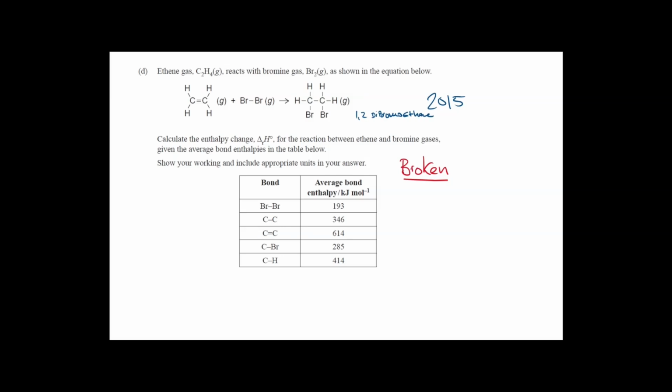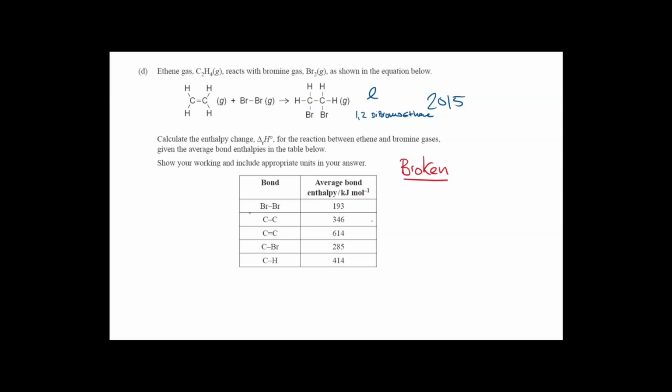I think they made a mistake here. That should be a liquid at room temperature, but let's go with it. So ethene gas is this thing here. Bromine gas is this thing here. We want to destroy it and then build it up again into this new molecule. So let's work out the bonds broken and the bonds formed.